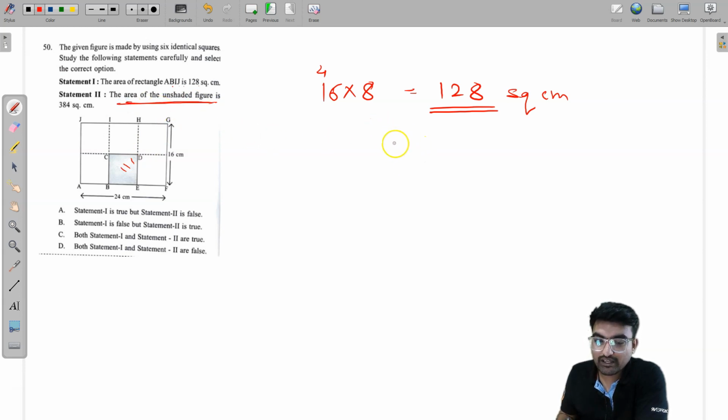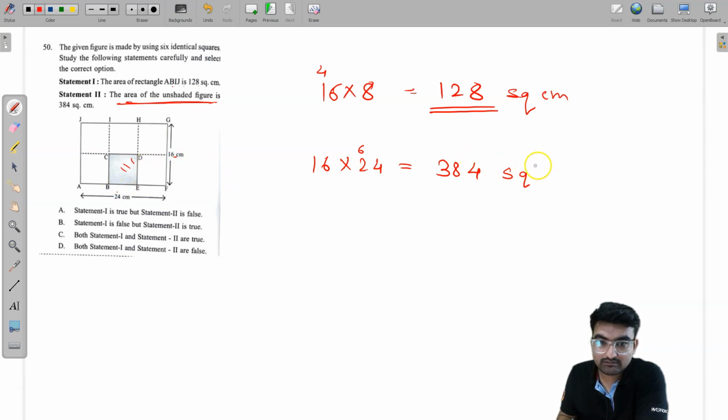So the area of the complete figure is 16 into 24, that is 384.